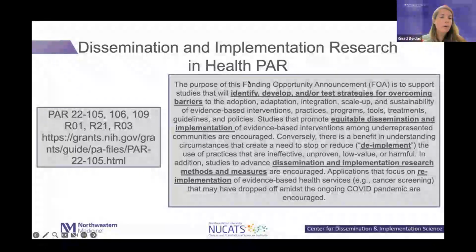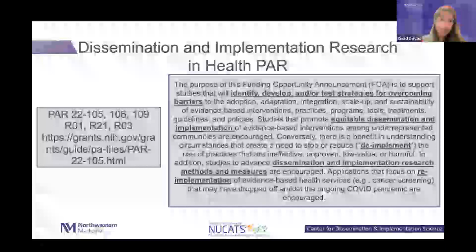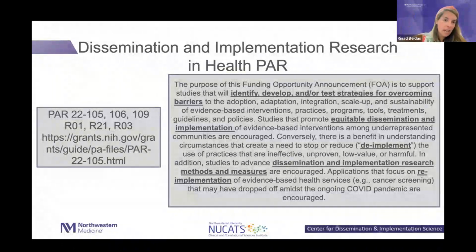It's really focused on identifying, developing, or testing strategies. So not the thing, but the strategies that we do to help people do the thing. There's a real emphasis in this reissuance on equity and the intersection between health equity and implementation science, as well as de-implementation. That's kind of a newer focus for NIH.